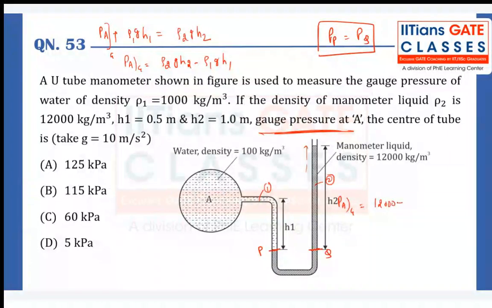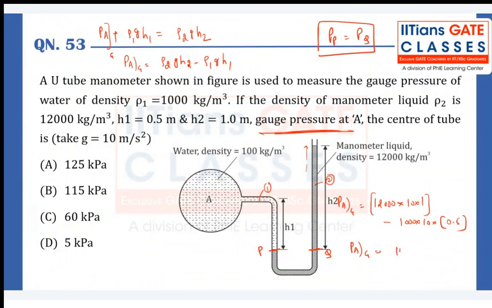12,000 into G. G is 10, into height. Height is 1, minus 1000 into 10 into height 1. Height 1 is 0.5. So when you put the value in kilopascal, how much value will you be getting? 12,000 into 10 minus 1000 into 10 into 0.5.